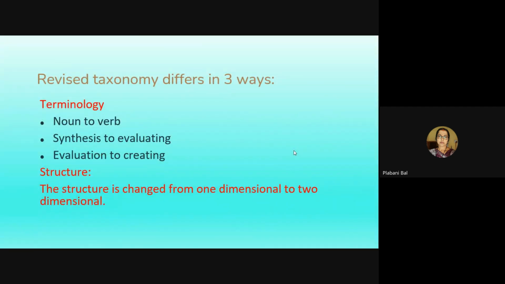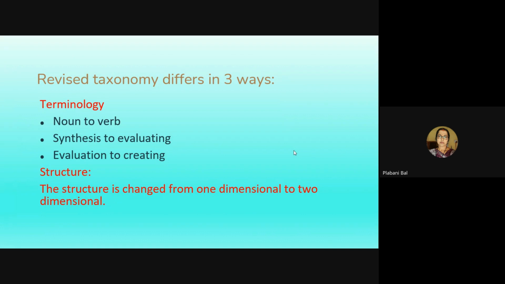So the revised Bloom's taxonomy differs in three ways. First, terminology: as we see in the diagram, there is a shift from noun to verb, and synthesis and evaluation are interchanged, as already demonstrated in the figure.